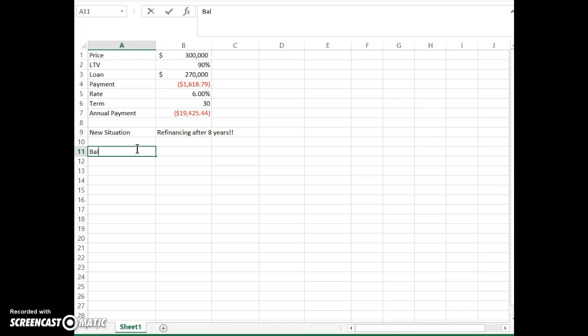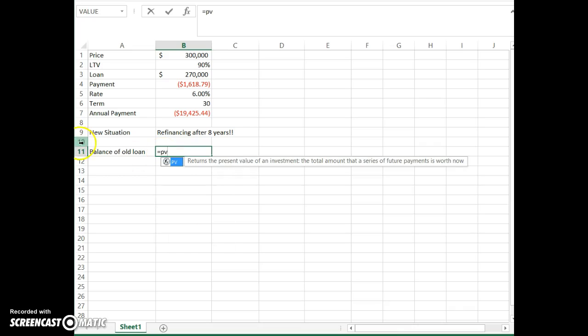So what I want to tell you is know the balance of the old loan. And to do that, you take the PV, present value. The rate is 6%.